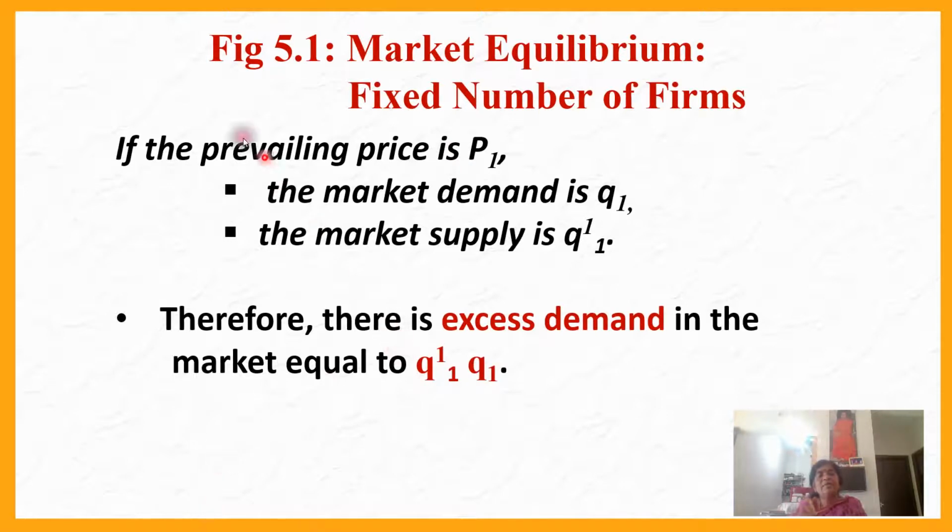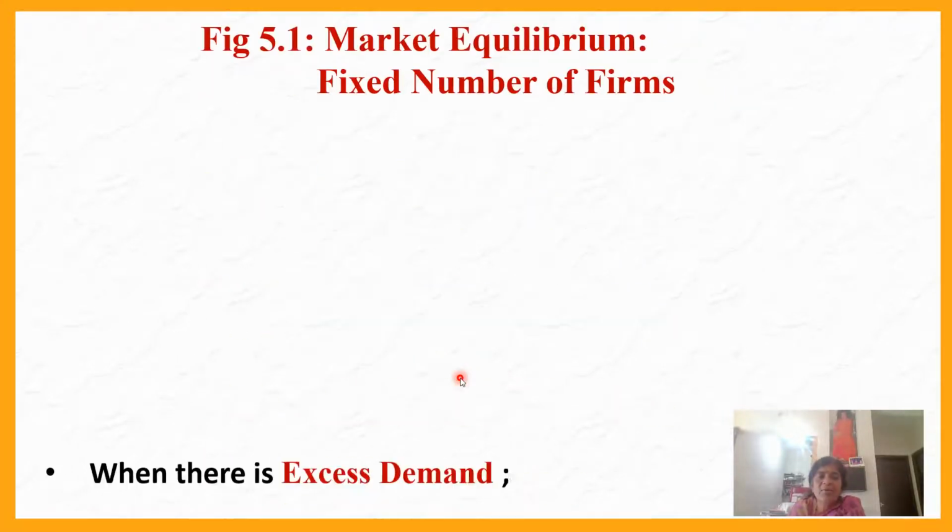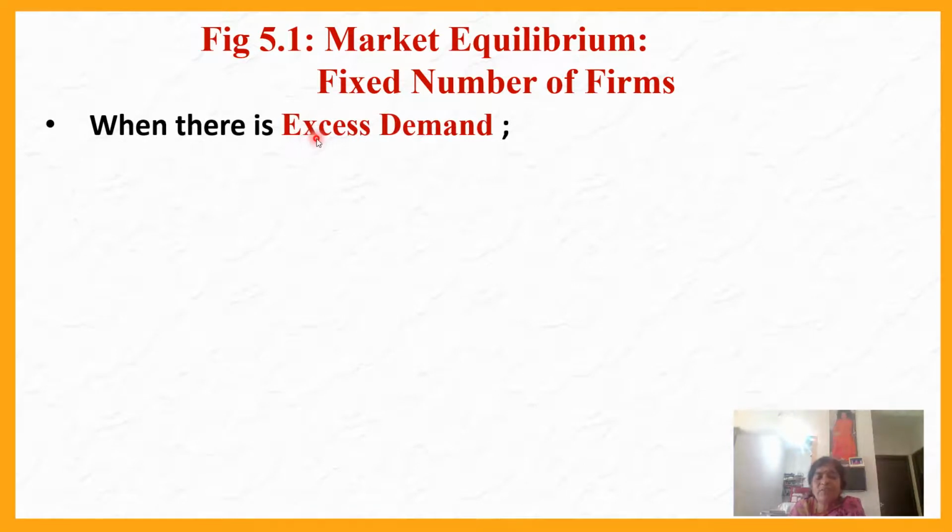Therefore, at the prevailing price P1, the market demand is Q1 as I have explained, and the market supply is Q1 dash. So excess demand is equal to Q1 dash Q1, the distance indicated by the green curly bracket.